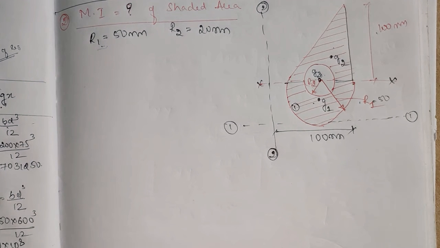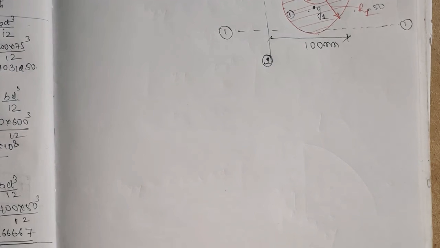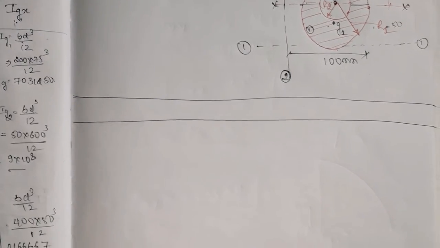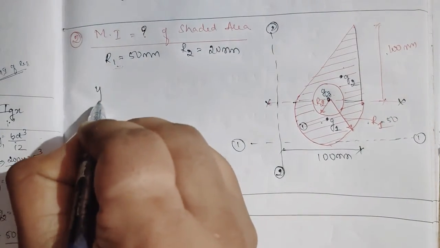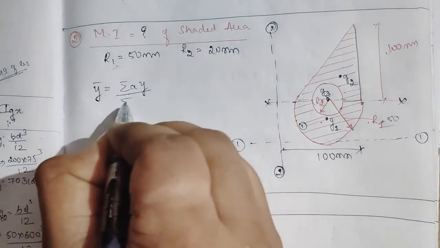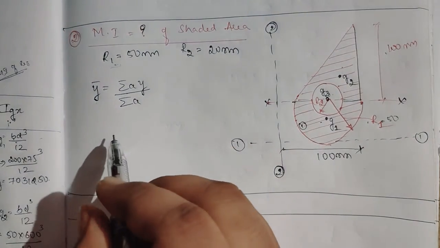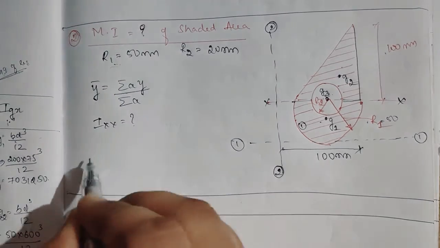So we'll directly go to the table. Before writing the table, let us write what we have to find. We have to find y bar, that is sigma ay divided by summation of a. Then I have to find the moment of inertia about the x axis.